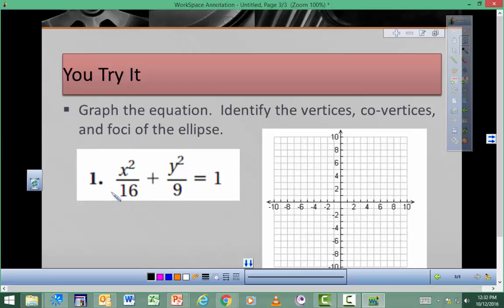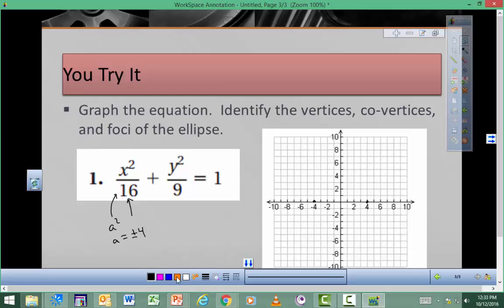So where are the vertices? In this case, this is my a squared. If that's a squared, then what's a? Plus or minus 4. Alright, so there's our vertex here and a vertex here.